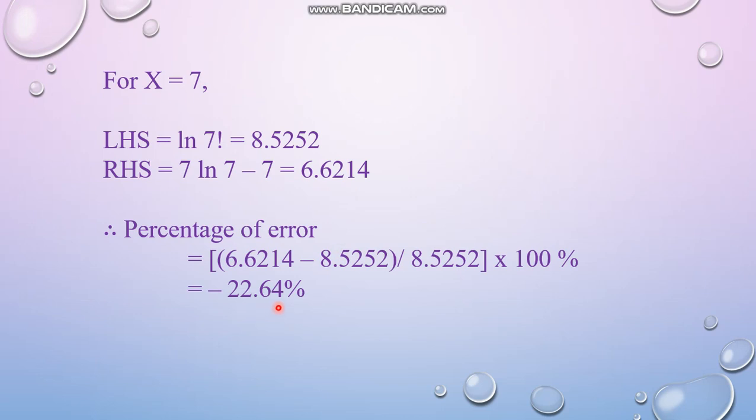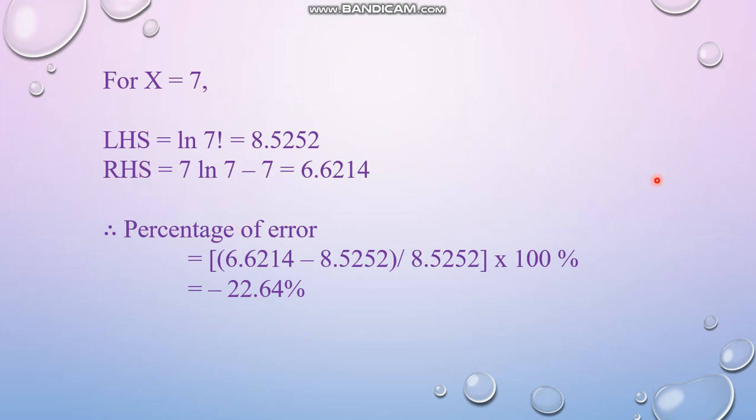That means around 5% of error has been eliminated. So you are approaching the left hand side value when the value of x is increased. So instead of 7, if you take 8, it would be much closer to the left hand side value.